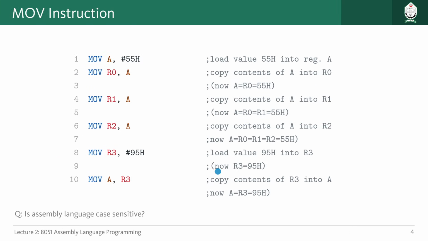Now let us look at some examples of how this kind of move instruction can look, right? I think line 2, line 4, line 6, line 10, these are all understandable, just like the previous one on the previous page. But this one is different, and this one is different.